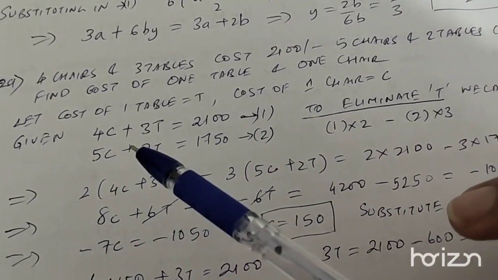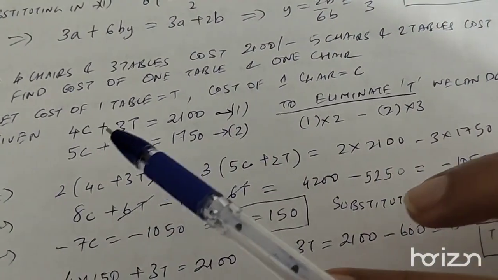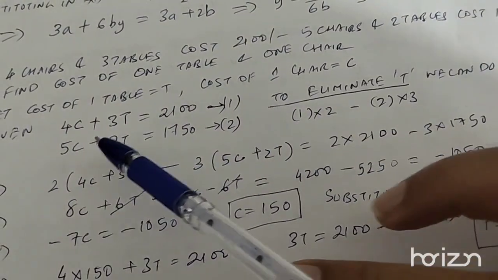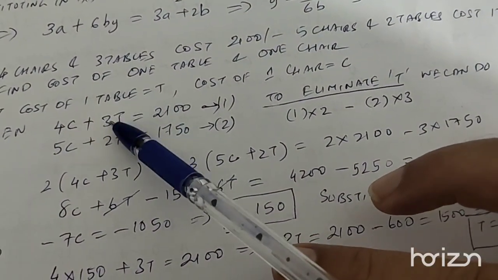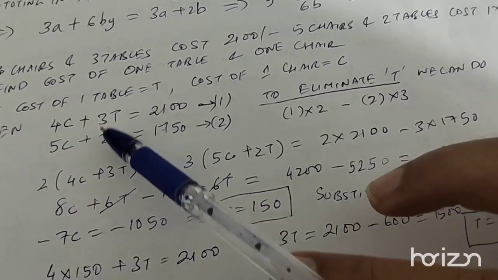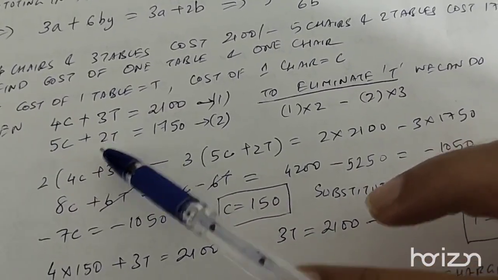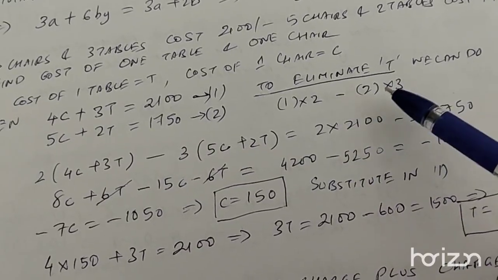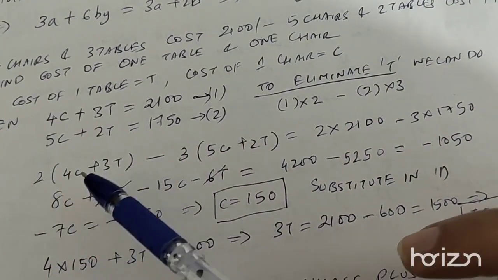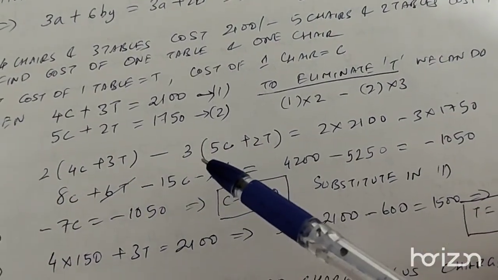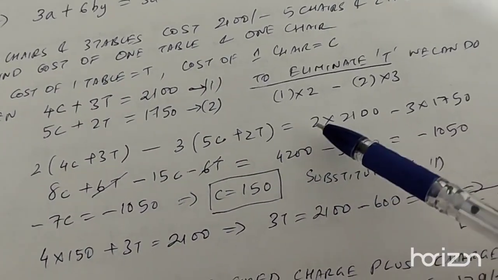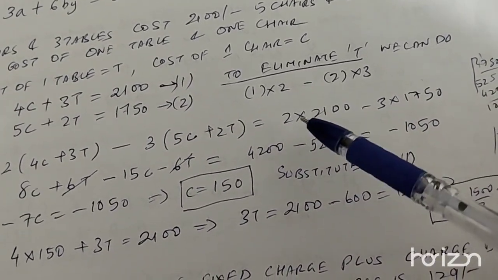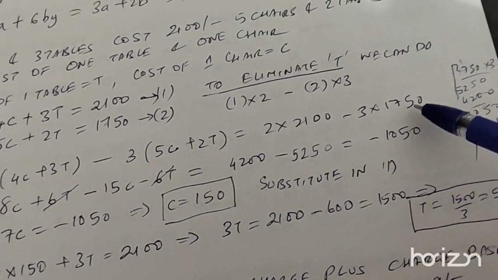Now again, we will solve this by elimination. To eliminate T, you multiply the first equation by 2 and the second equation by 3, so that you get 6T here and 6T here, and when you subtract, T will vanish. So first equation into 2 minus second equation into 3: 2(4C + 3T) - 3(5C + 2T) is equal to, multiplying the RHS similarly, 2 times 2100 minus 3 times 1750.